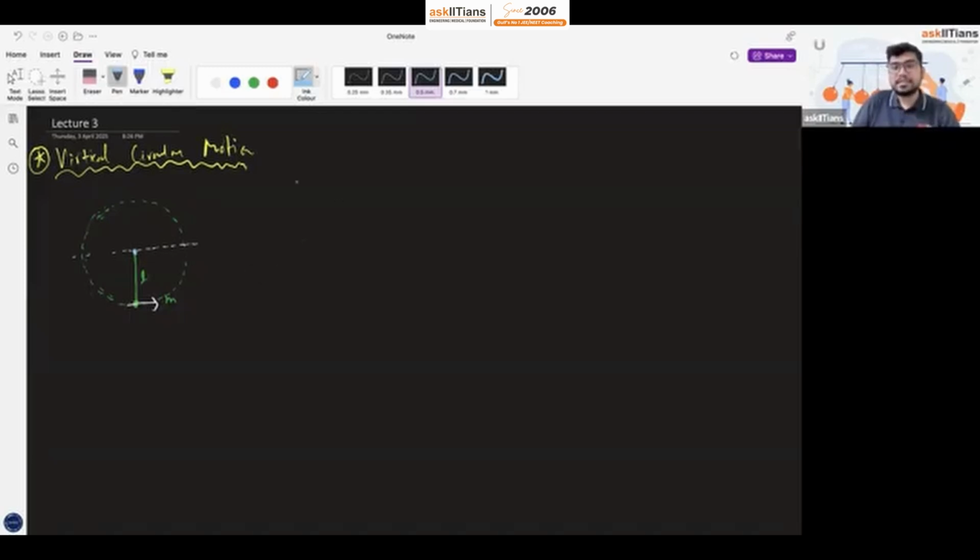So that is the necessary condition for VCM to exist. For VCM to exist, the important point is tension at all points should be non-zero. This is the important part.